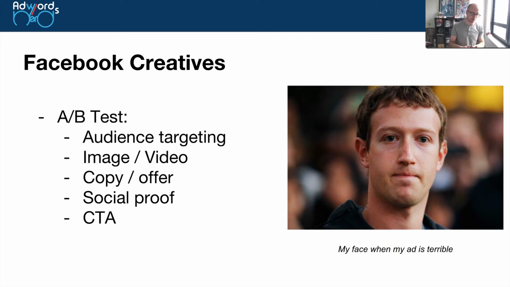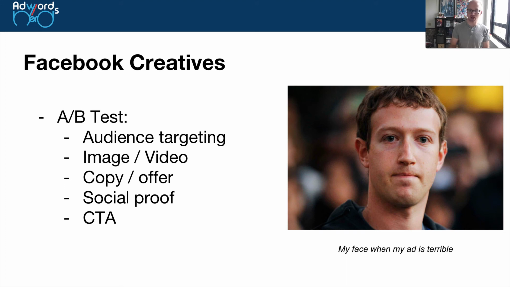Let's talk about Facebook. Facebook gets a little bit more complicated, right? Because Facebook has more ad formats than AdWords does. It's also got more going on in the ads that it offers because it offers a whole bunch of different image ads and all this stuff. So improving your Facebook creative is really about A/B testing, just testing different variations.